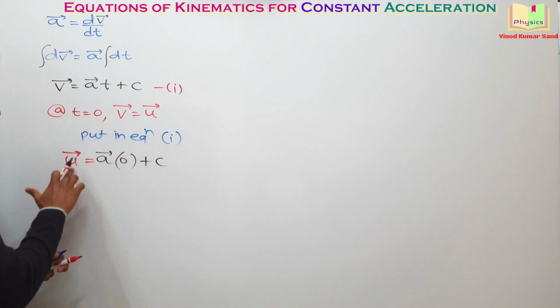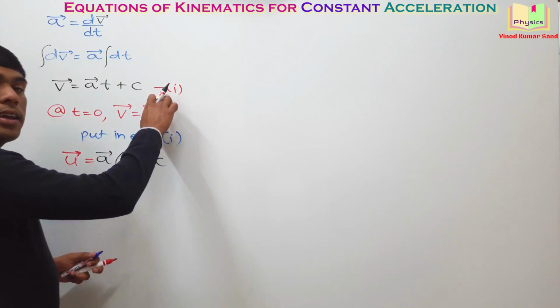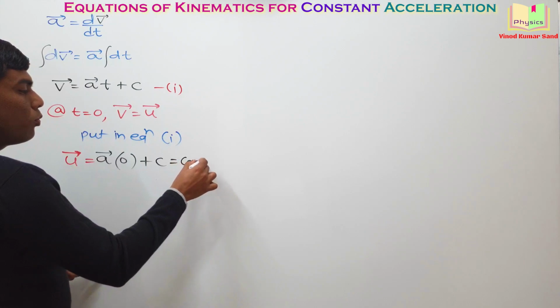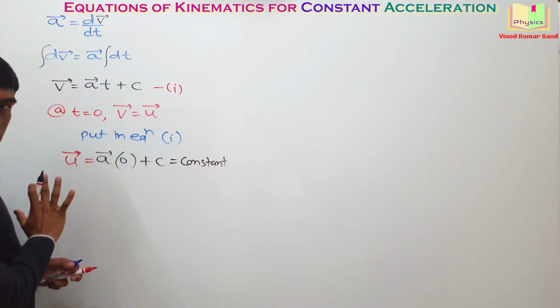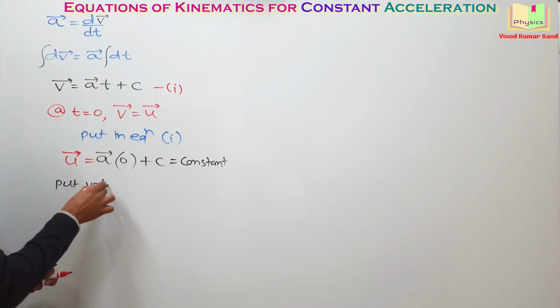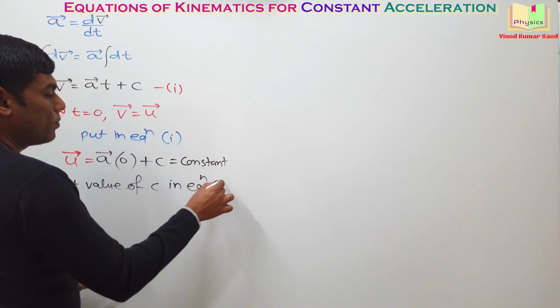So from here we get the value of c. This value of c I am putting back in equation number 1. It indicates that u vector is a constant. Getting it? Put the value of c in equation number 1.